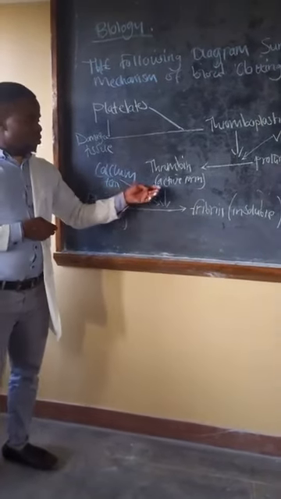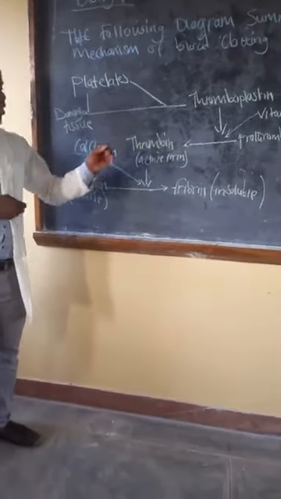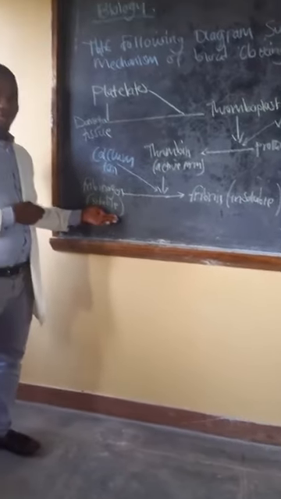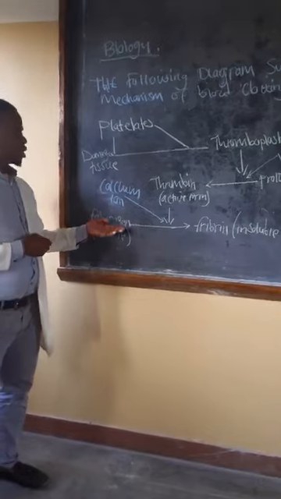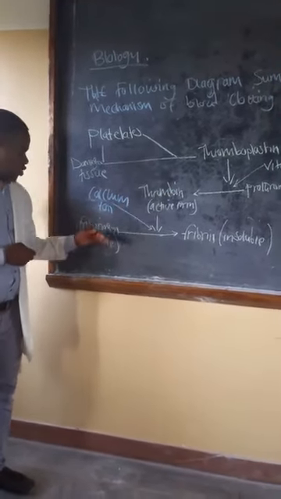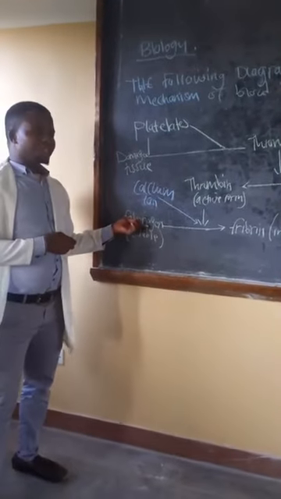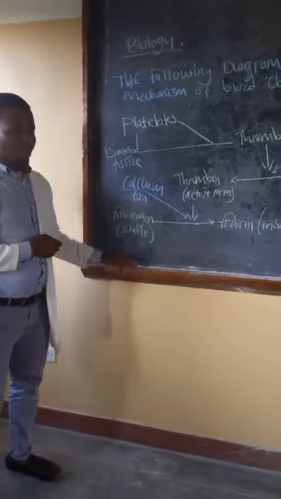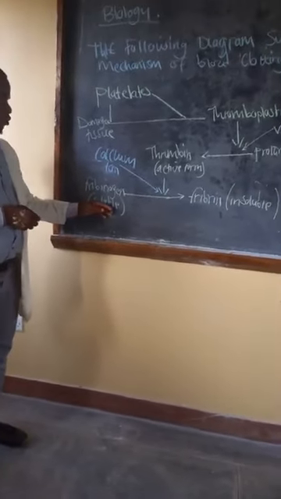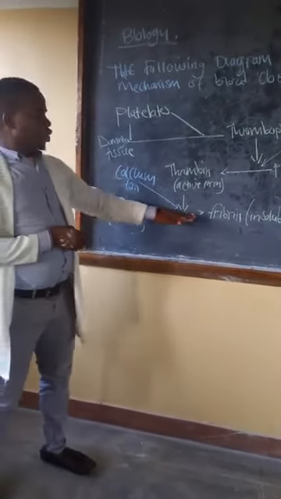Alright, so the plasma protein that this thrombin acts on is called what? Fibrinogen. This fibrinogen is soluble. It has to be activated into what?